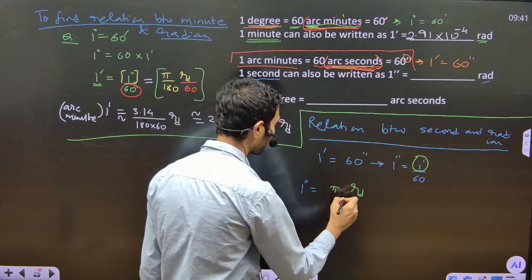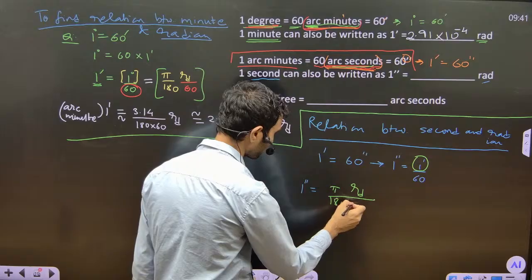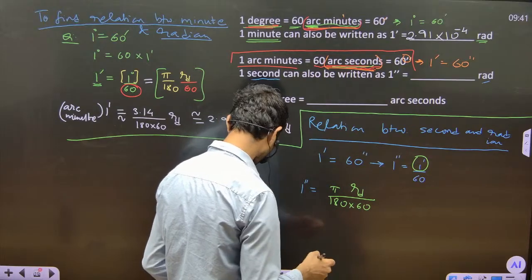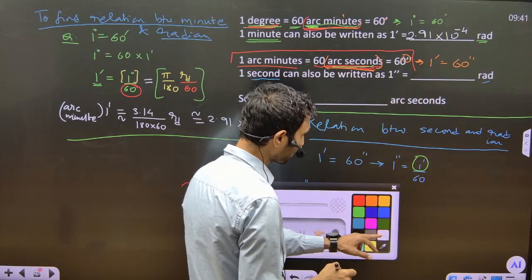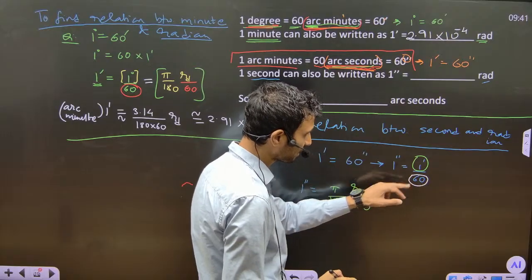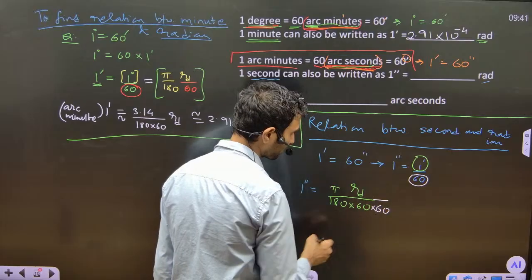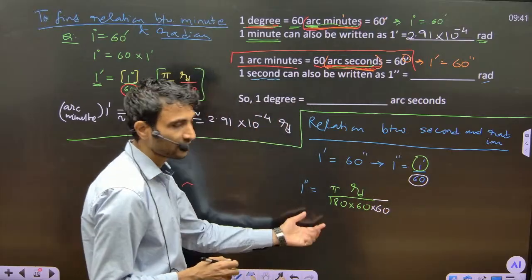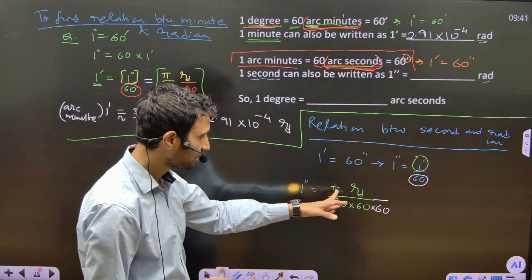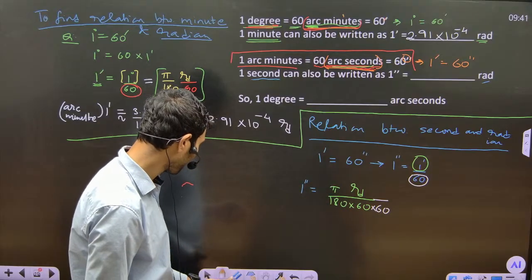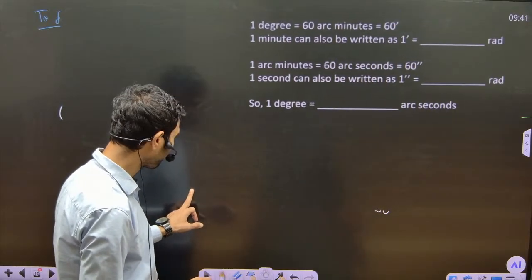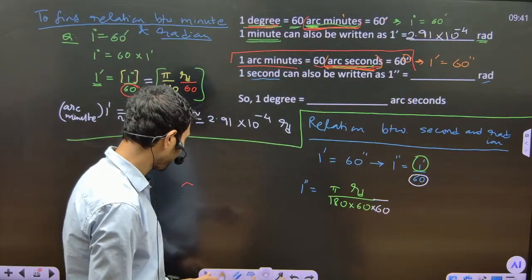Pi radian divided by 180 times 60. And then of course you have a division with this object which is left over, 60, and that comes here as a further 60. Okay? And then again doing the trivial numerical jugglery, you should be able to find the relation.